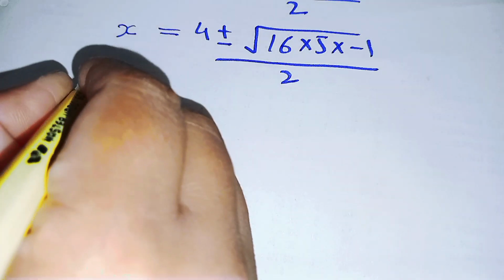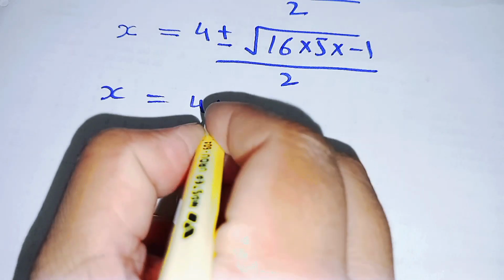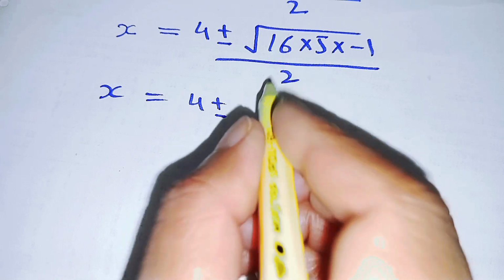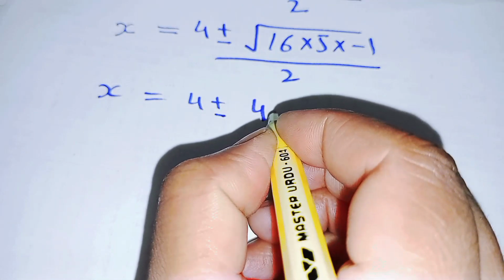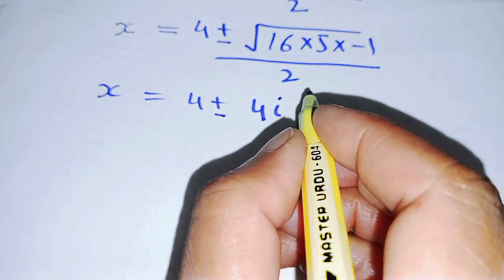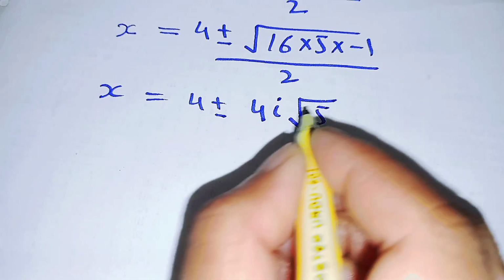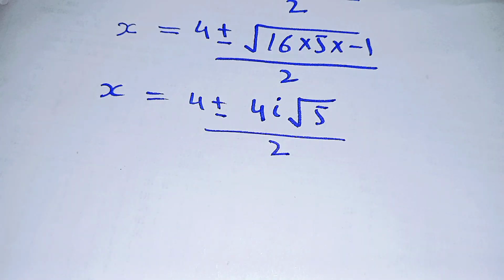In the next step, 16 can be written as 4, the square root of minus 1 is i, and the square root of 5 stays, over 2.